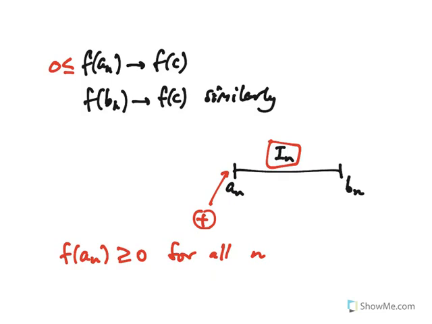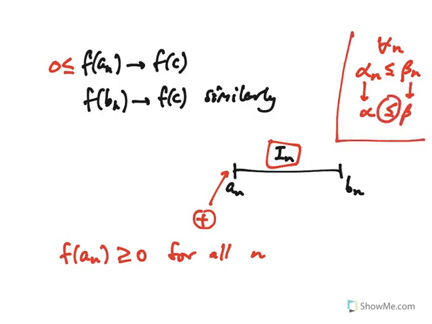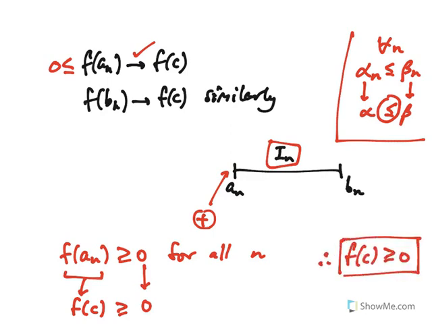Remember that if I have a term-by-term inequality between two sequences which holds for all n, and both sides approach a limit, then the same inequality is true between the two limits. That's a lemma we proved a long time ago. Well, both of these sides have limits. This approaches f of c, according to this, and 0 approaches 0, obviously, so this must be true. So you see that f of c must be greater than or equal to 0. That's one thing we can certainly conclude: f of c is at least 0.